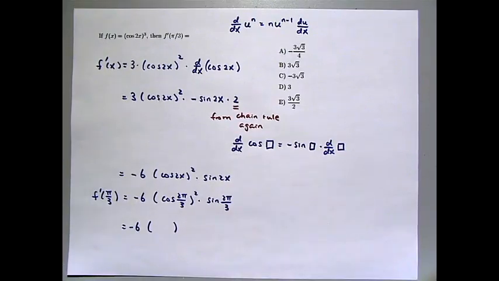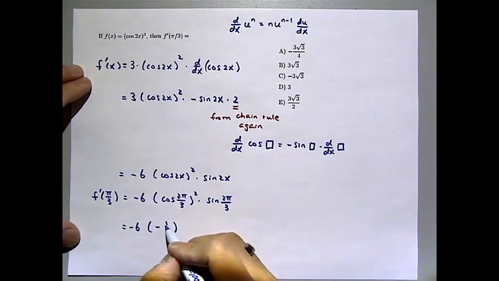And cosine of 2 pi over 3 is... I'm hearing all sorts of answers. What do we get? Shall we vote on that? Negative 1/2. Okay, do we agree with that?